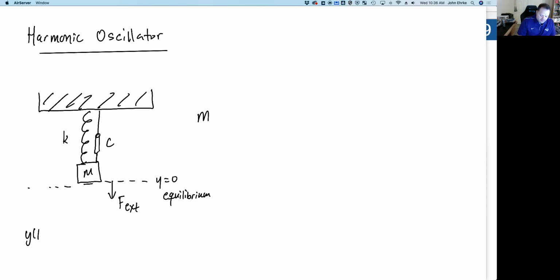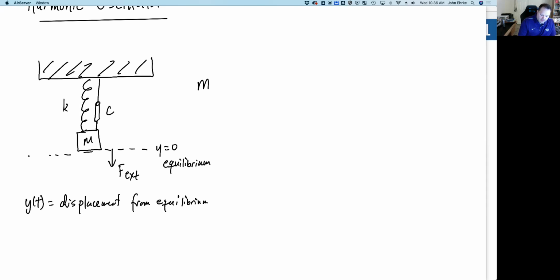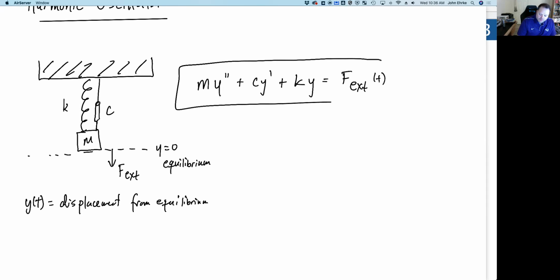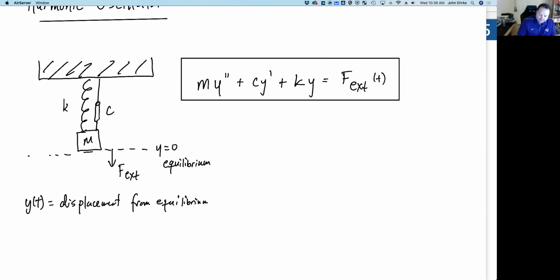So y of t is displacement from equilibrium. Then the spring mass model is my double prime plus cy prime plus ky equal to this external force. This is what we called our spring mass model last time.